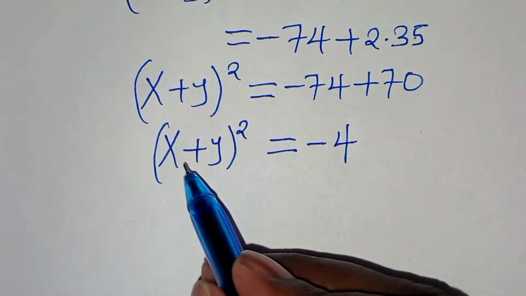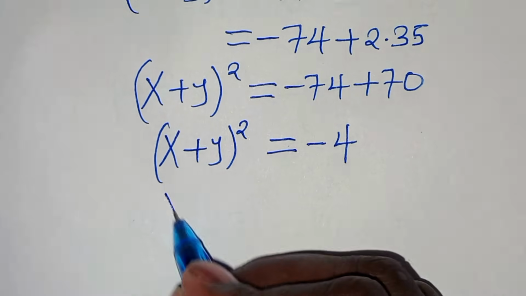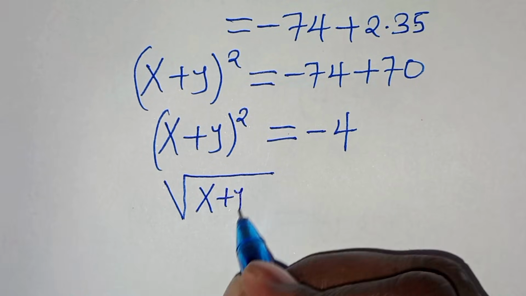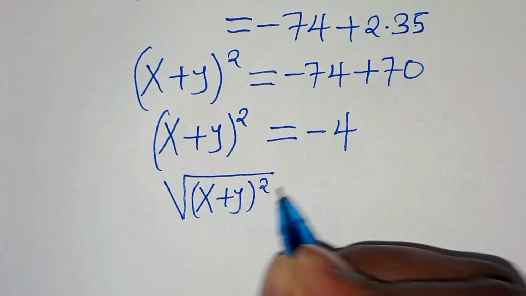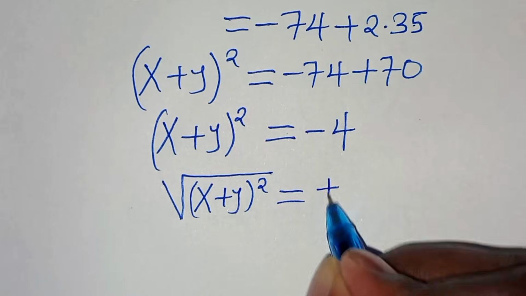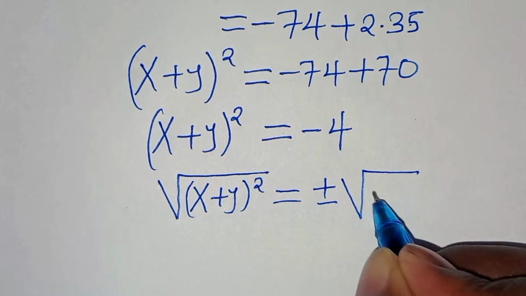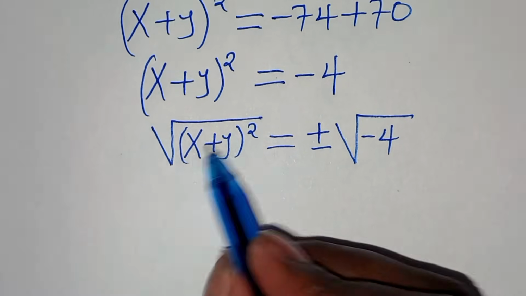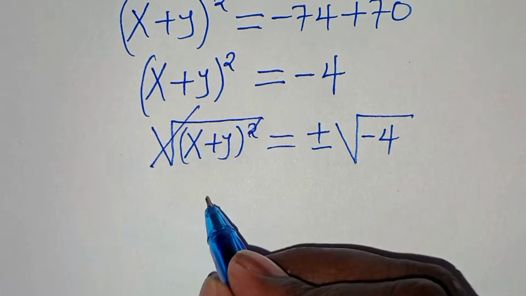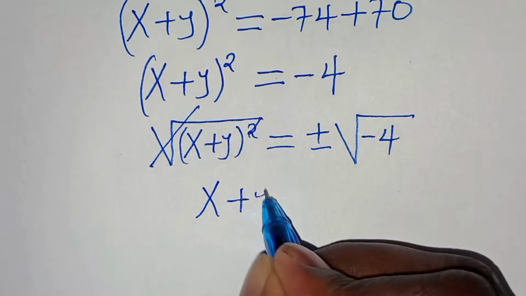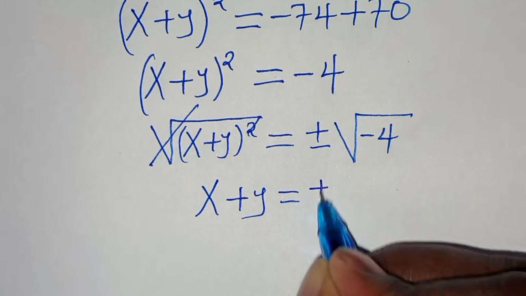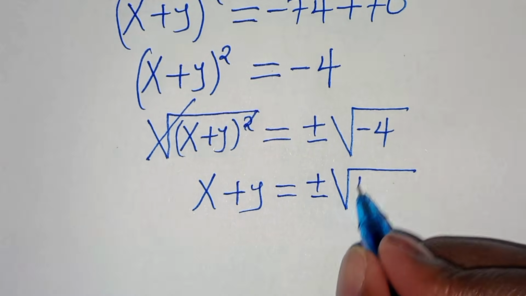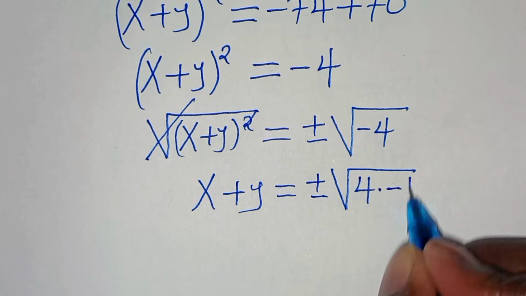To solve for x plus y here, let's introduce a square root on both sides. So the square root of x plus y raised to the power of 2 is equal to plus or minus the square root of minus 4. So we eliminate the square root sign here, and this means that x plus y is equal to plus or minus the square root of minus 4, which is the square root of 4 times minus 1.